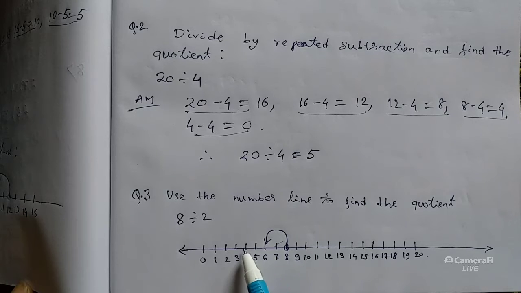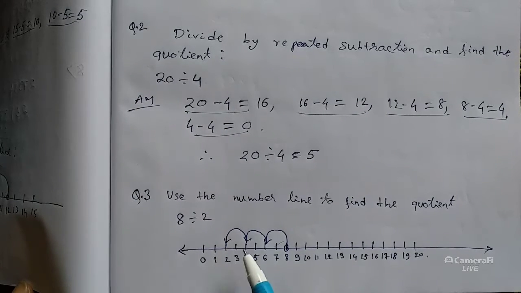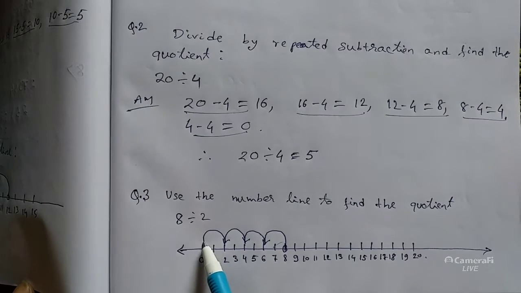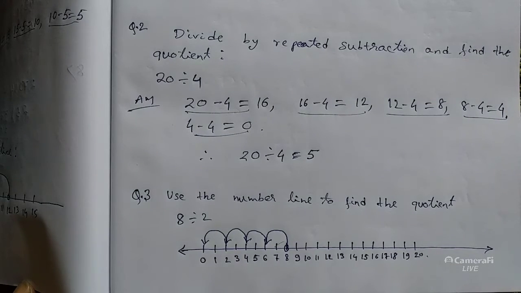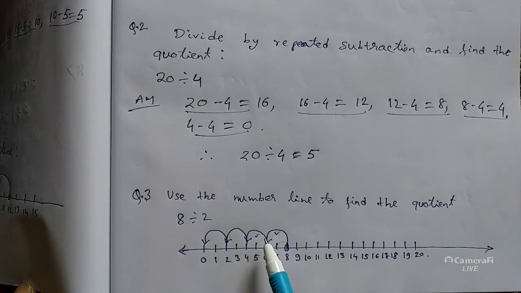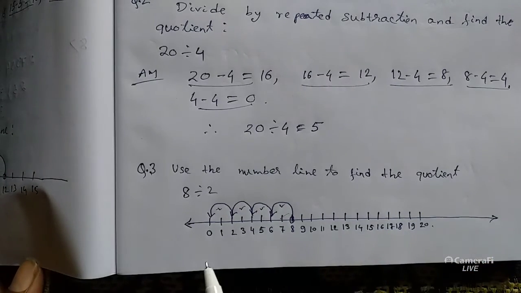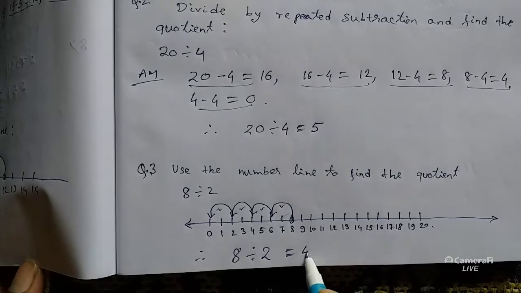Again from 6, jump 2 steps, 1, 2, comes to 4. Again from 4, jump 2 steps, come to 2. Again from 2, we will jump 2 steps, we reach 0. So how many jumps are there? 1, 2, 3, 4 jumps. So we can write therefore 8 divided by 2 equal to 4.